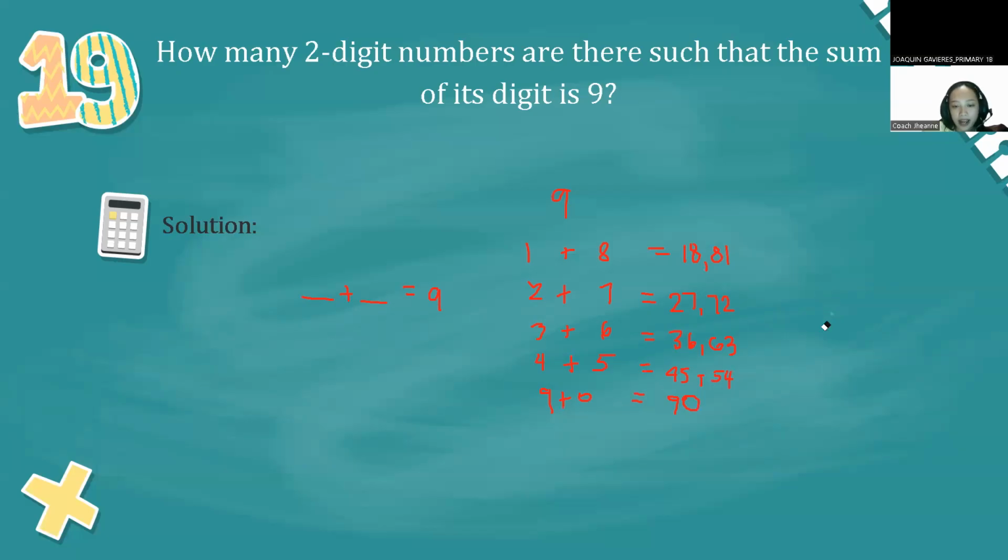Now, we add. How many do we have here? 1, 2, 3, 4, 5, 6, 7, 8, 9. So the answer is 9. There are 9 two-digit numbers that the sum of its digits is 9.